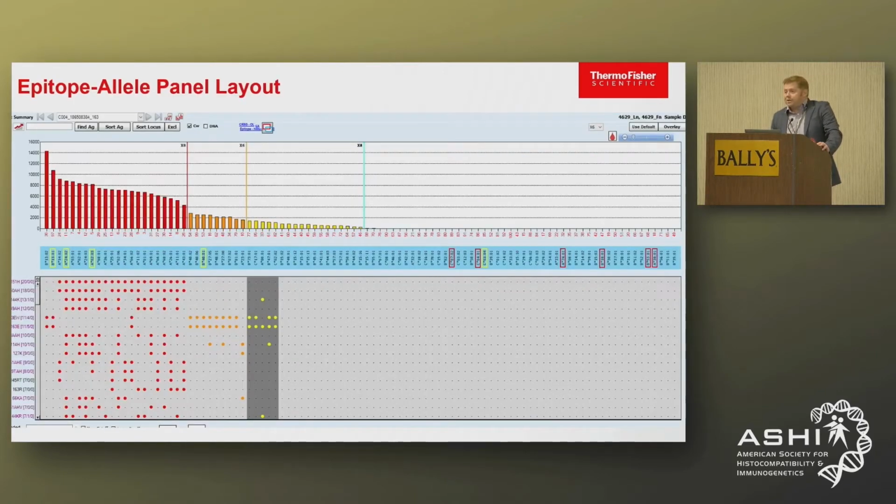Even from our side, we're always looking to build in more functionality, more ways that you can study epitopes and elucidate some of these patterns. Coming up in the next few months is an update to HLA Fusion, for example, where we've built in a lot more epitope functionality.